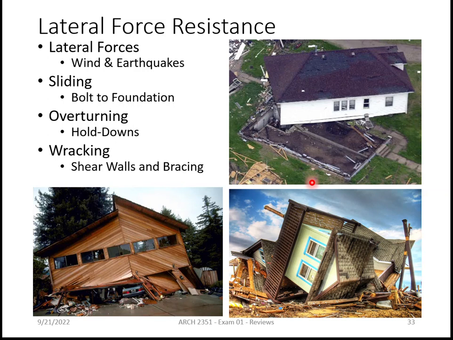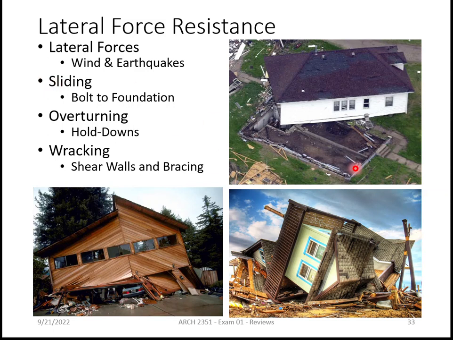So to keep the building from sliding, what we do is we bolt it to the foundation, so that it won't slide off the foundation, okay? Whether it's a slab on grade, pier and beam, or in this case a footing with stem walls, right? You can see the stem walls in there, okay?